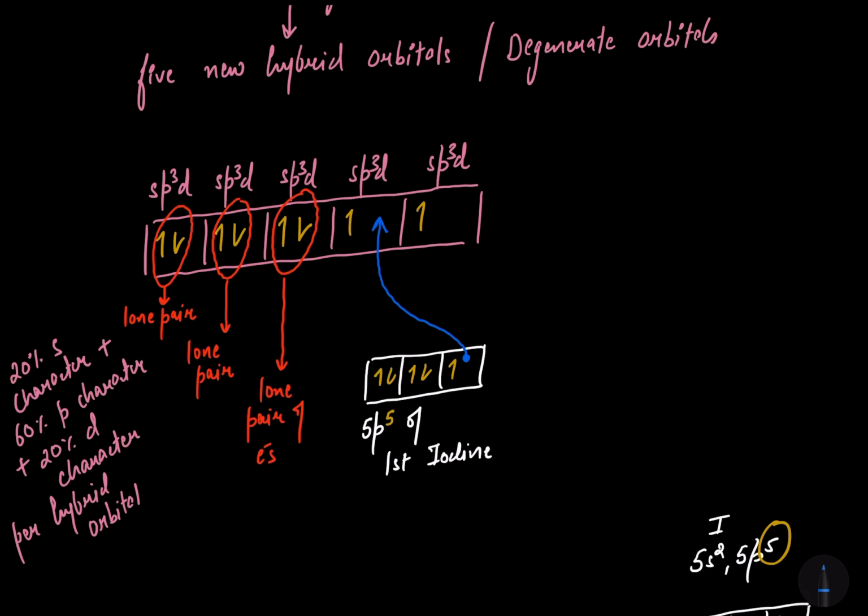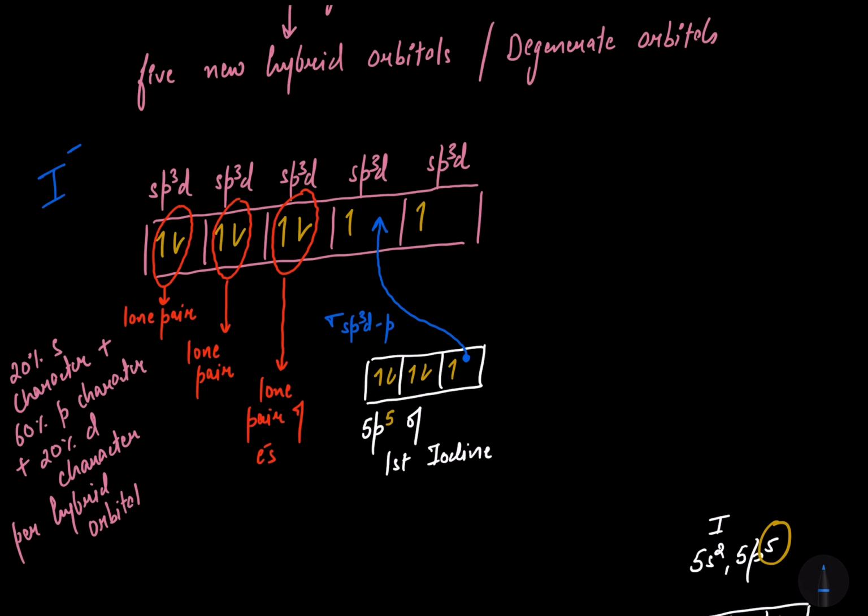So that's the formation of sigma bond, and that's sigma sp3d-p. Because this sigma bond has been formed by head-on overlap of sp3d hybrid orbital of iodide ion, what's iodide ion? That's I negative, with the p orbital of the another iodine.